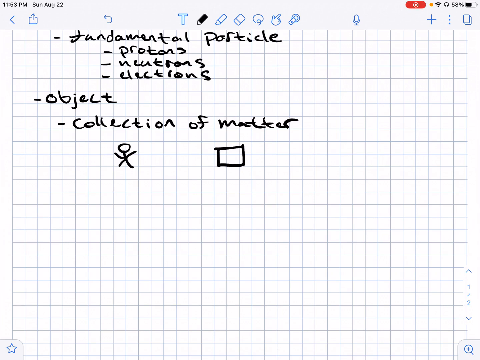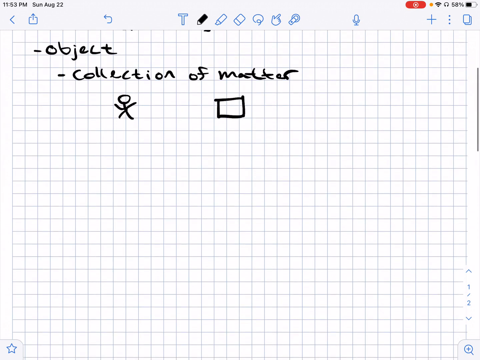And there are some properties of an object that we have. One is the internal mass of the object. The internal mass is what causes the object to resist changes in motion. It's measured in kilograms, and the symbol that we use is an m.